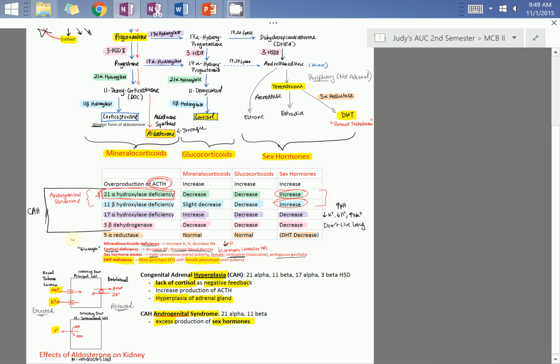Salt wasting is a term they use for the mineralocorticoid deficiencies. And then they'll ask you what's the most common cause. A lot of the exam questions are formatted like that, so make sure you know these enzyme deficiencies.